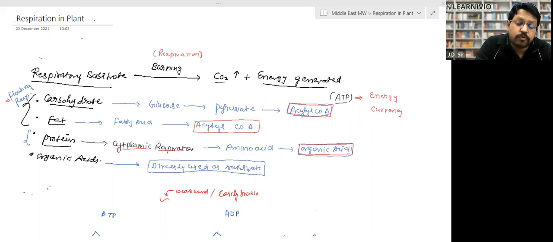So what is the stove? That is the mitochondria. What is the substrate? It can be LPG, LNG, CNG, or methane. So you can say, for my stove, there are 4 substrates which can burn: LPG, LNG, CNG, and methane. In the same way, inside our cell, there is a stove, and the name of that stove is mitochondria.